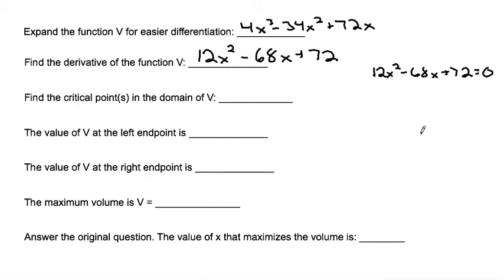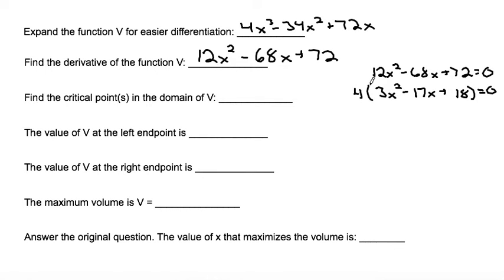Could we pull out a 4? 68 divided by 4, yes. 72 divided by 4, yes. So we pull out a 4 to simplify things. 12 divided by 4 is 3, so we have 3x squared minus 17x plus 18 equal to 0.